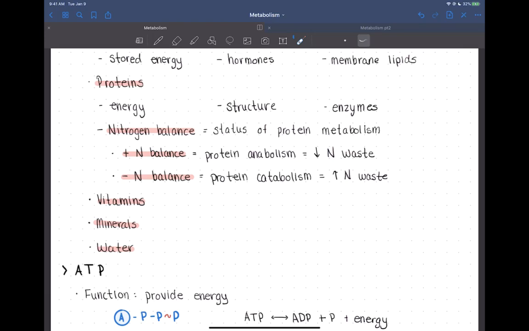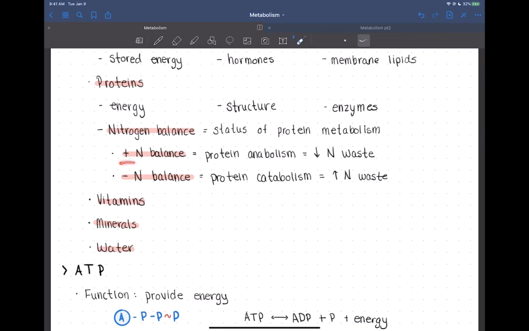Okay, so also with reference to proteins, when they're being used for energy, we talk about nitrogen balance. This is just the status of protein metabolism in the body, so how much are proteins being broken down in the body?